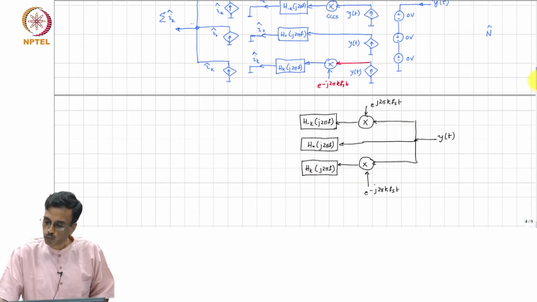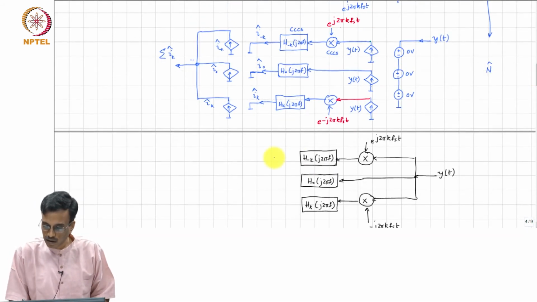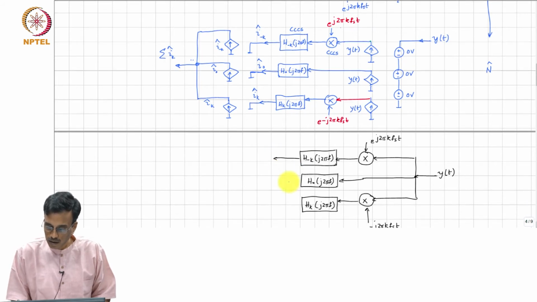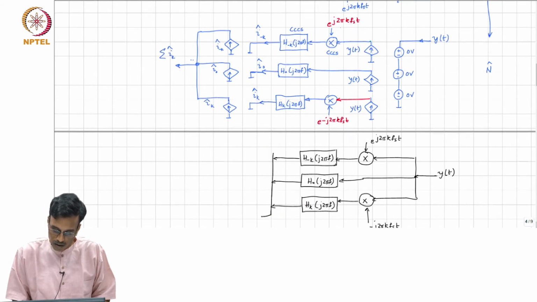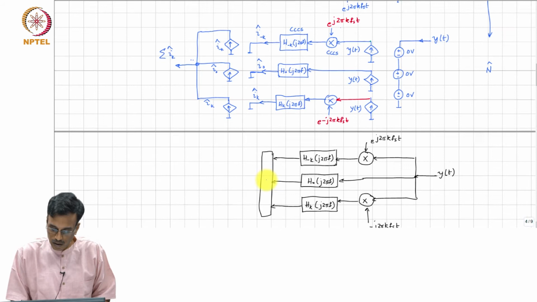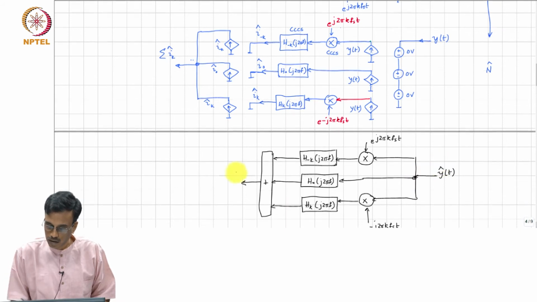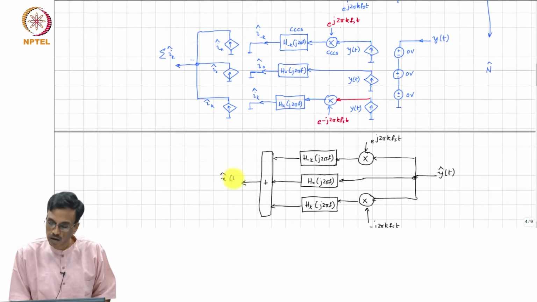And what are we doing to the outputs of these three? We are simply adding all of them up to get x hat of t.